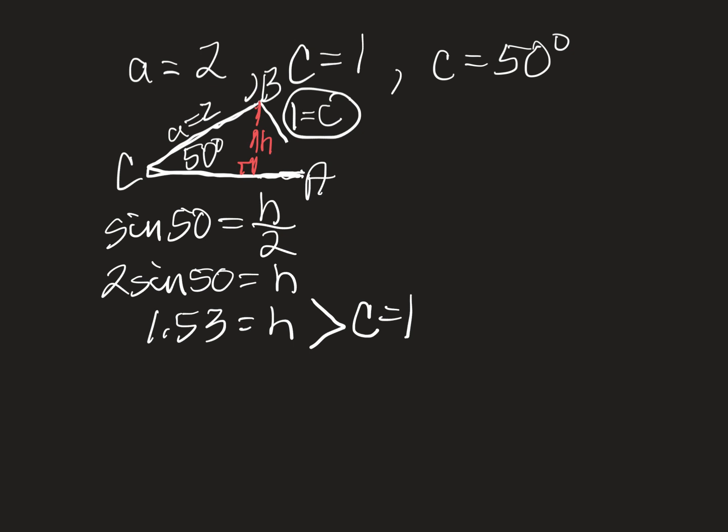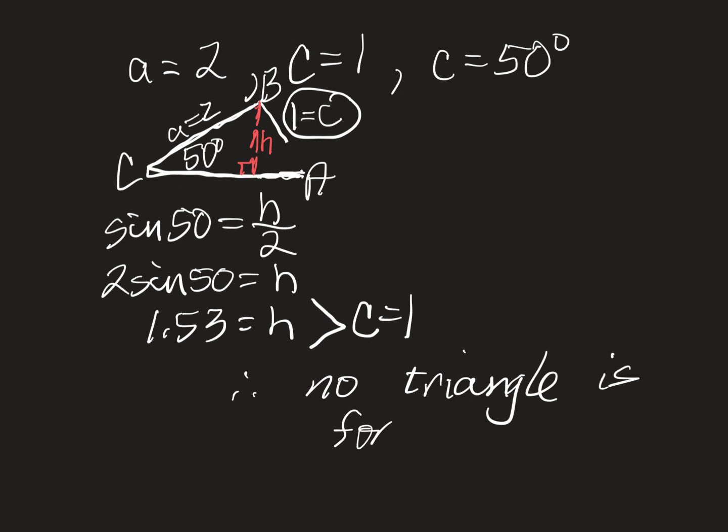Therefore, no triangle is formed. Okay? C is not big enough to reach the other side. So therefore, we don't have a triangle. Okay?